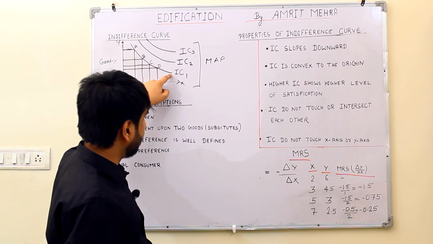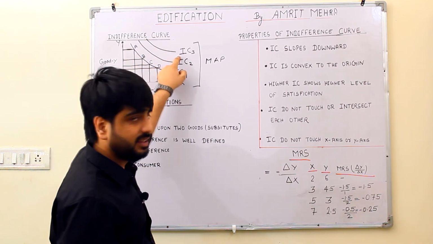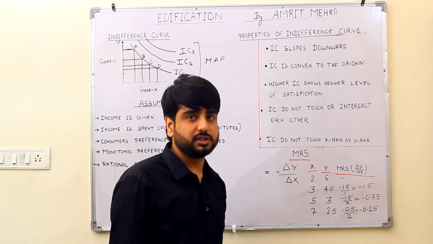Whether we talk about IC1 or IC2 or IC3, they are convex to the origin.